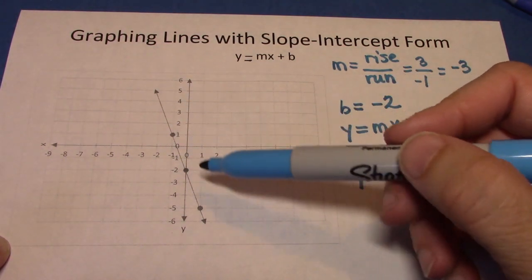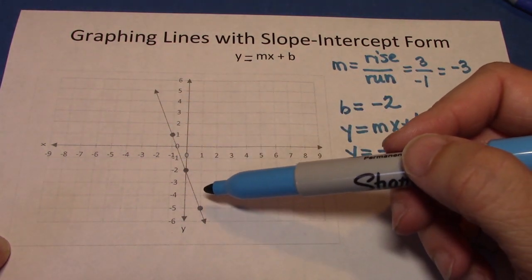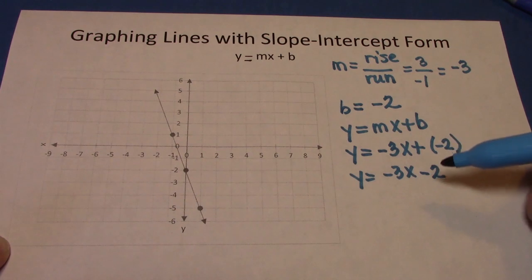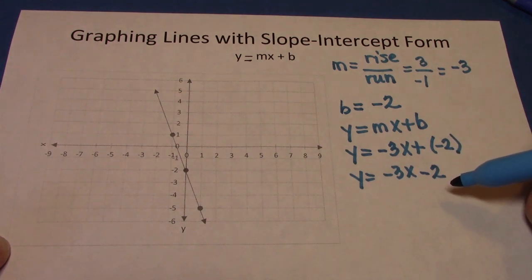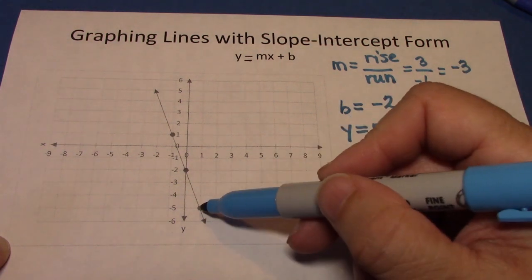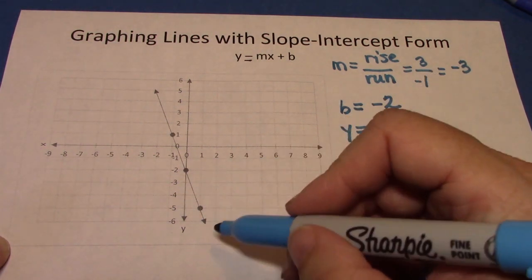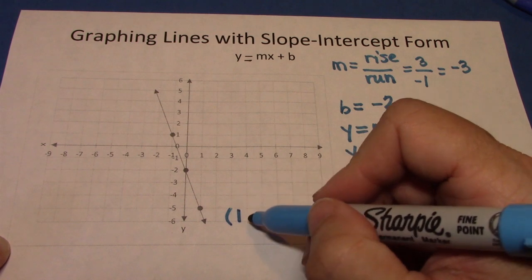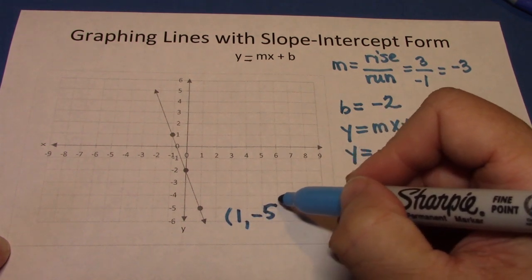Every point on this line satisfies the equation y equals -3x minus 2. That means it makes it true. So for example, we could pick a point on this line. Let's pick this point way down here. It's the point 1, -5.